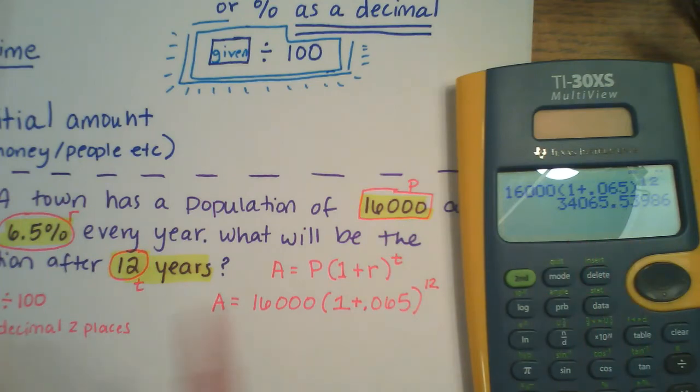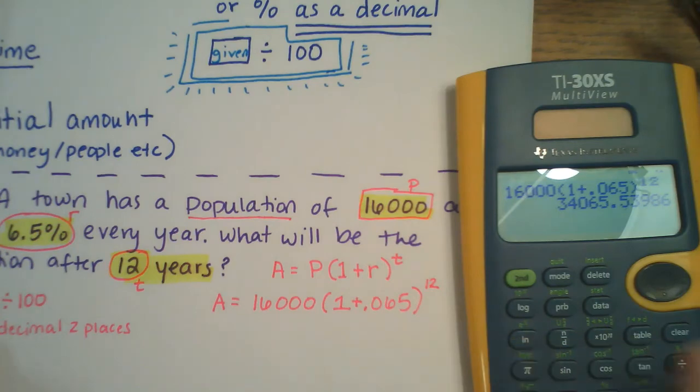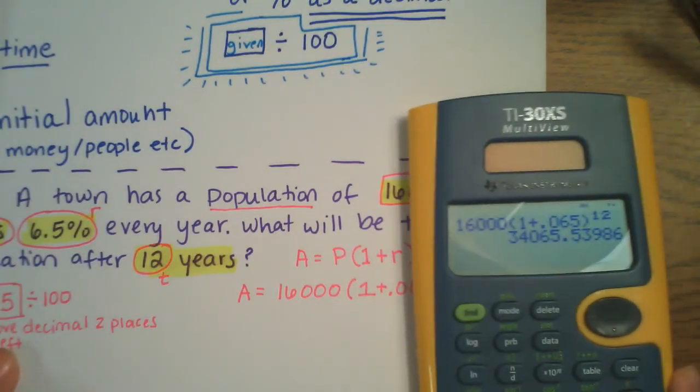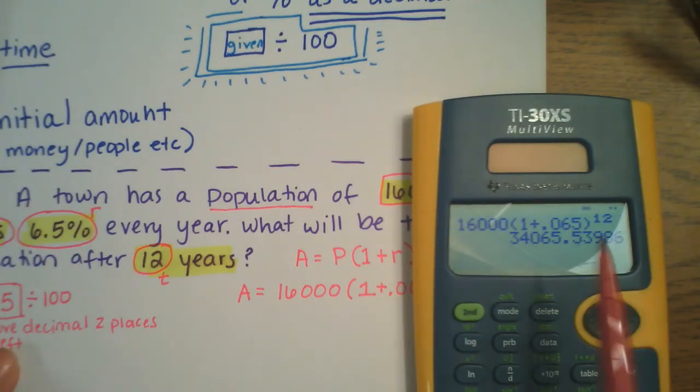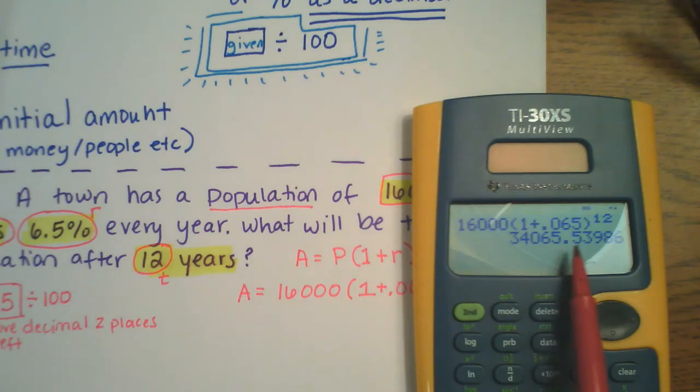So when you're talking about population or people, they don't want a decimal. So we're going to have to look at this 34065, and we're going to have to determine if we need to round up or leave it the same. So you're always looking to the number to the right to determine that.